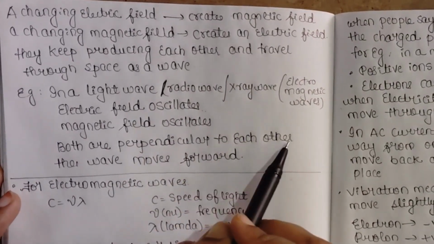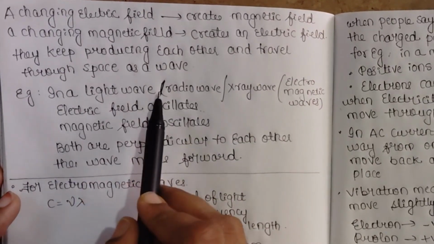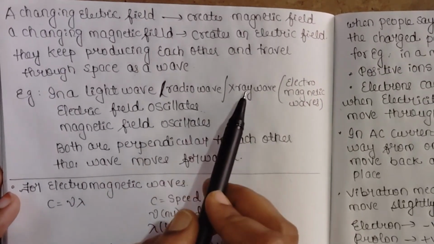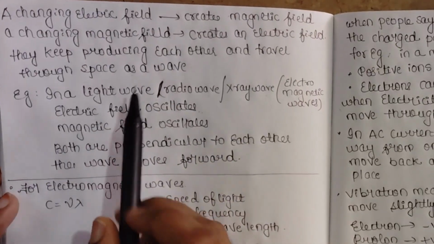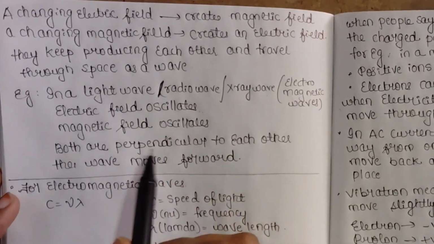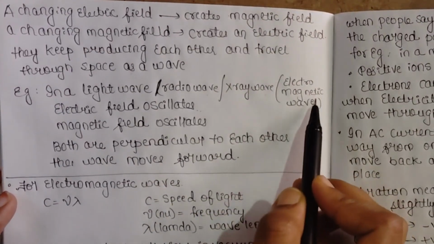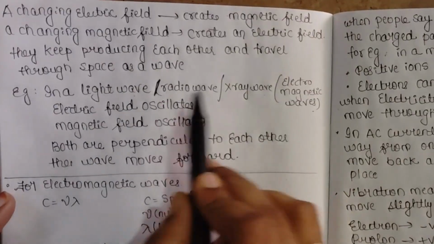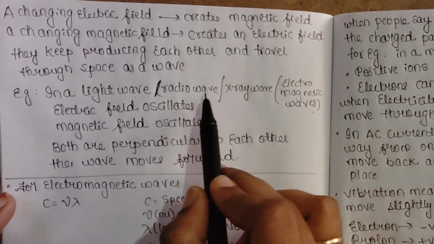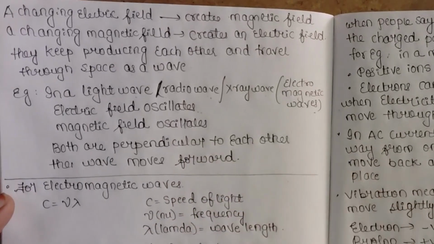Both are perpendicular to each other, and the wave moves forward. Take the light wave, radio wave, or X-ray wave. Each consists of both the electrical field and the magnetic field. These two produce the wave that moves forward. These waves are all called electromagnetic waves.